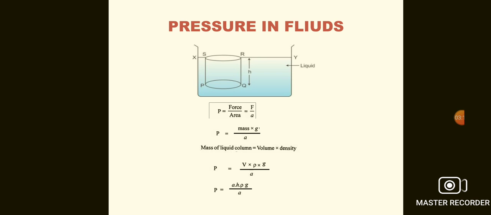Volume of any substance, any object is always area into height. So I have written in place of volume A into h, rho and g as it is I have copied, and in the denominator area is written as it is. So numerator and denominator area get cancelled. The pressure formula will be h rho g. Okay, this is the formula for pressure calculated in fluids on an object.